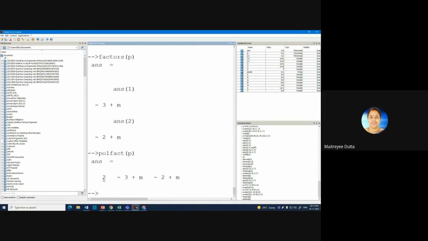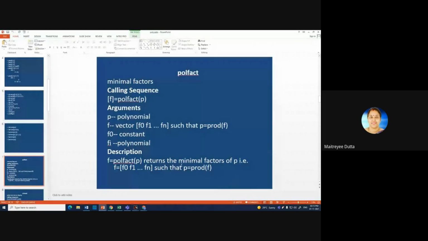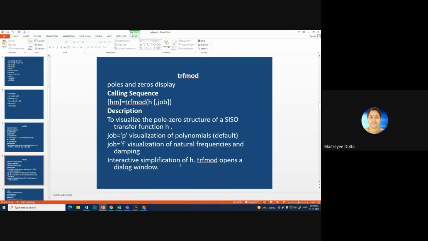That means multiplying factor 2 you are getting, m minus 3 also, m minus 2 also. So that is the difference between the factors and the pole fact. For some cases we use the pole fact, and in some cases we can take factors where the multiplying factor is not necessary.